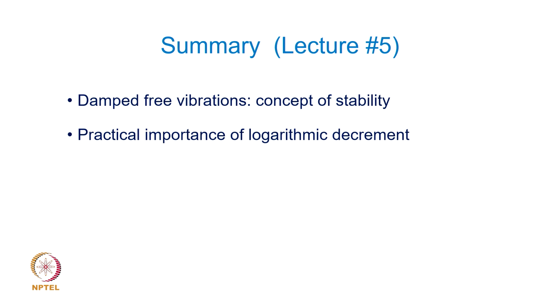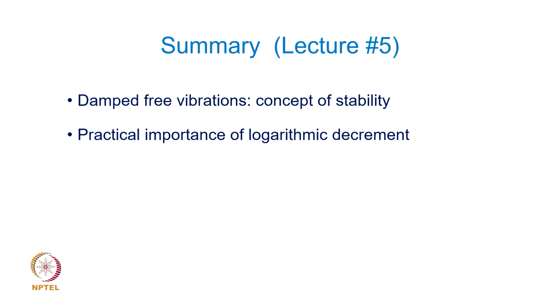So, the summary of this lecture basically had a detailed discussion of how the response of a simple single degree of freedom model is obtained, particularly when the damping is there. We obtained expressions for the response, and how the system stability can be gauged from the real part of the complex eigenvalue.